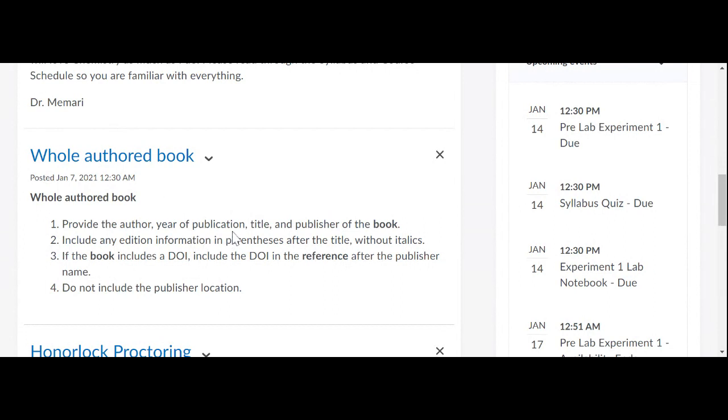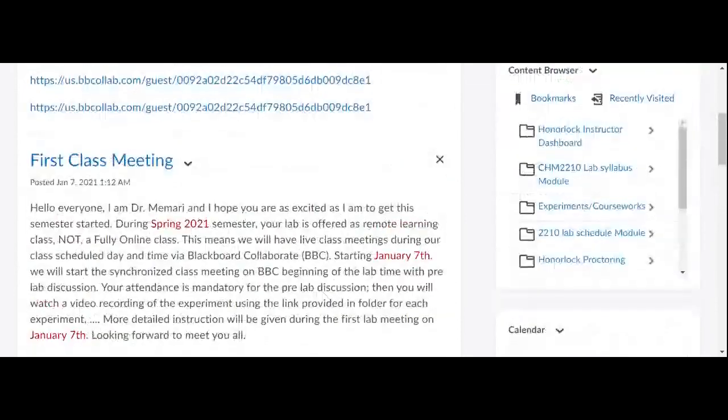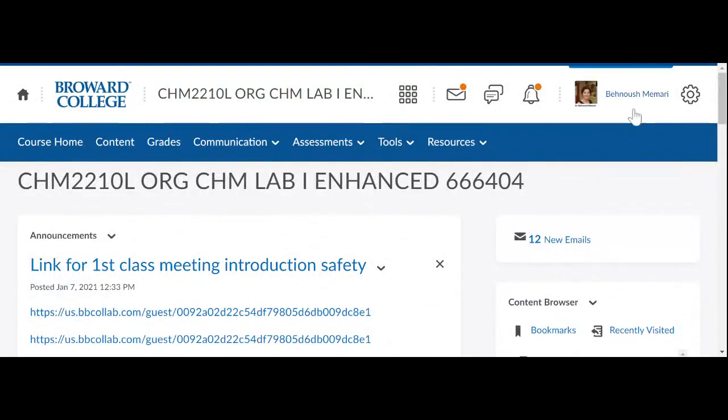Provide the author, year of publication, title, the publisher of the book, and the edition. Very good. So the ebook is the reference for you.